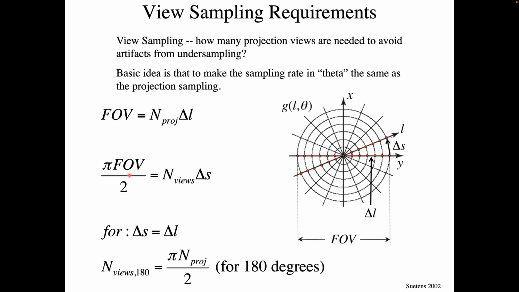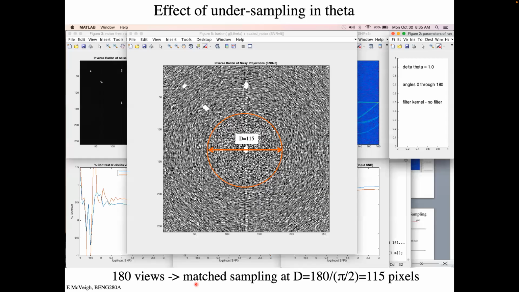So if the fields of view are equal, I just make these two equations equal and ask, when delta S equals delta L, what is the relationship? The number of views required is pi times the number of projection samples divided by 2. And then you're set. That's what we saw when we measured this; physically, that's what it looks like inside when you have that number of views being sufficient.